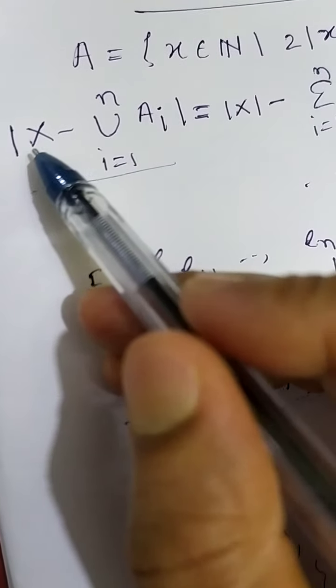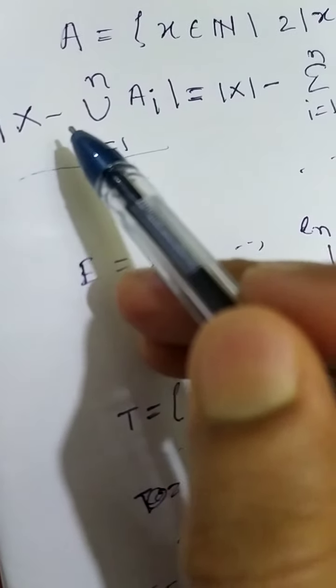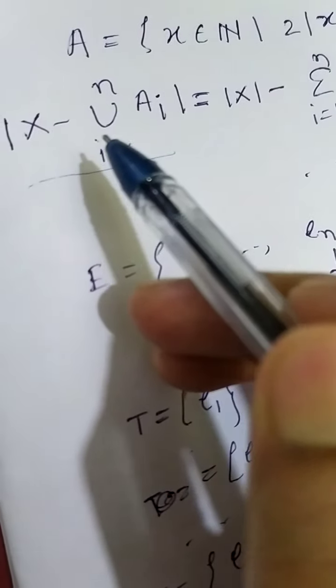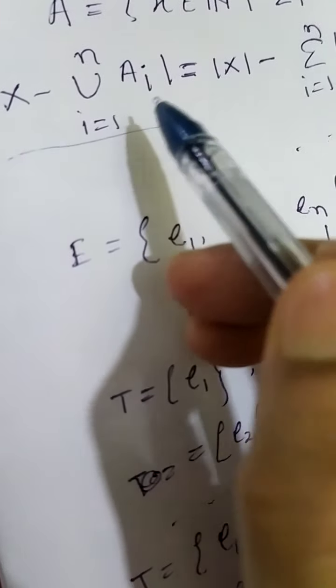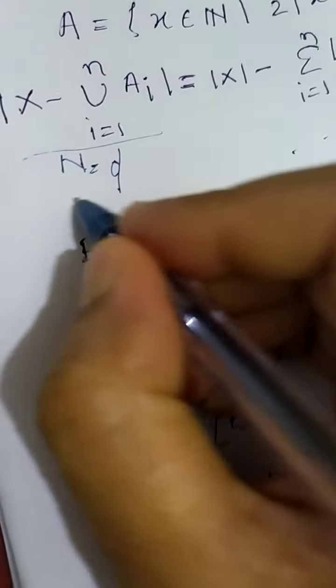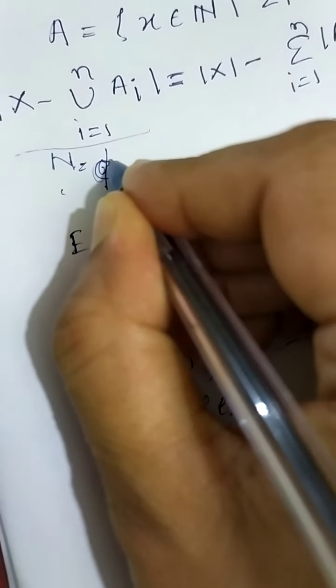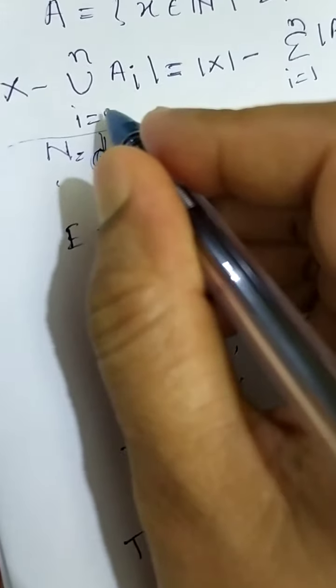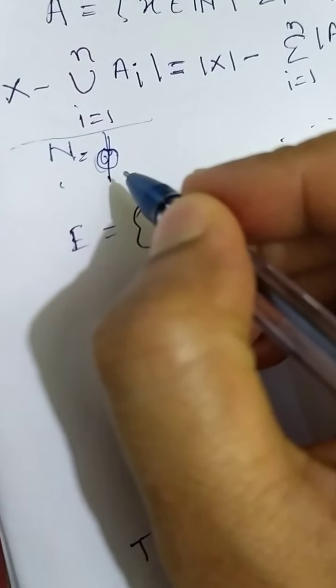That is, this part is nothing but all the elements which don't satisfy any one of E1 E2 up to En. Therefore this can be written as phi actually. Phi means exactly the properties in T, but here T is equal to phi, that is exactly the properties in phi, but there are no properties in phi.